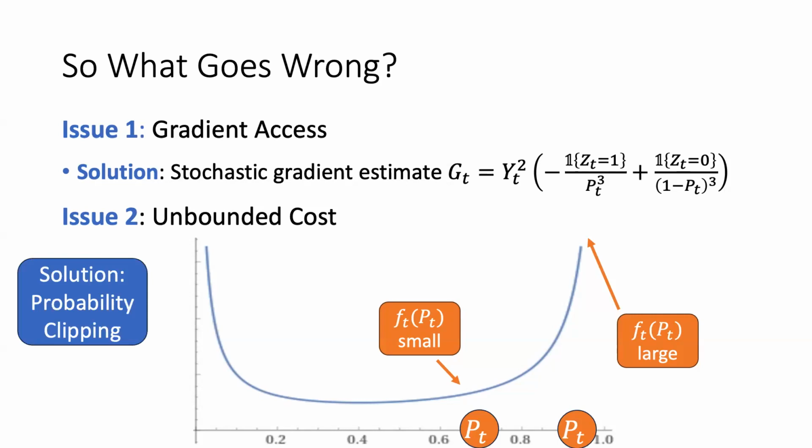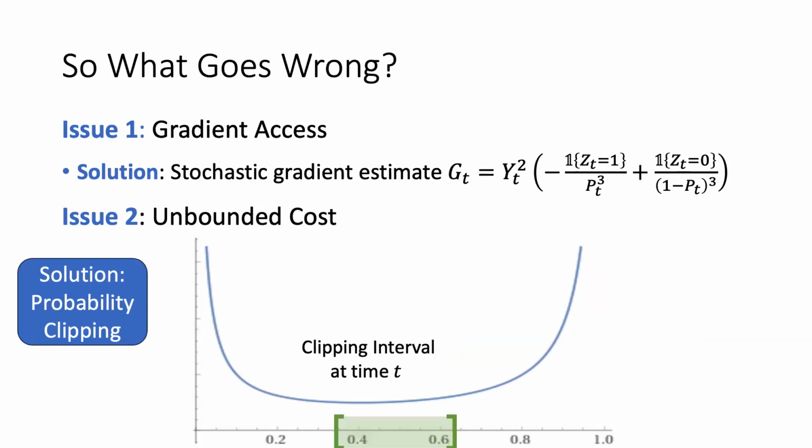The solution we propose is probability clipping here. The way that works is we're going to have some clipping interval at some time t, and whatever gradient descent tells you to do, I want you to project back into the interval here. That's the only moving animation that I had. So that was cool. You're going to project back in. All right, but what's the problem here? This clipping interval is small.